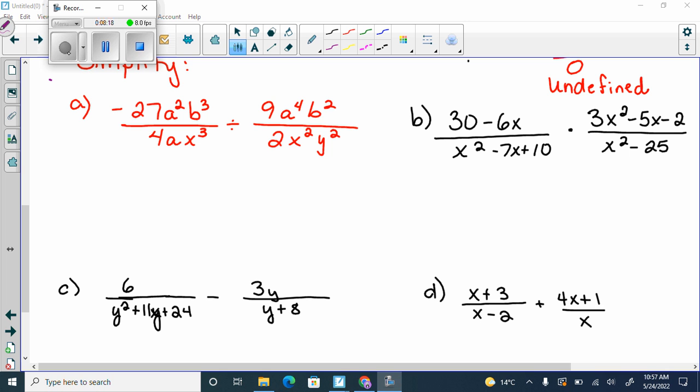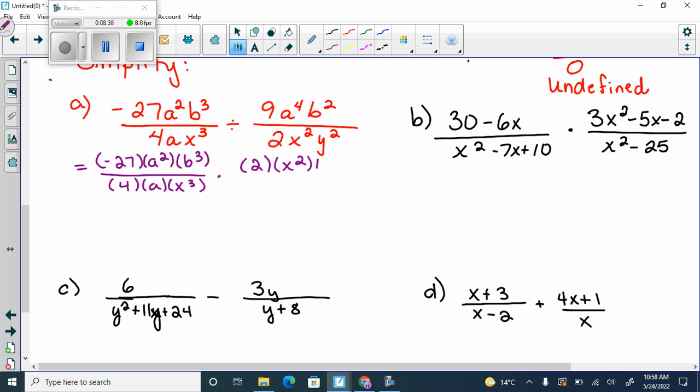Now what I told you when you have monomials is you could actually put every single term in its own brackets if you wanted to. You could go negative 27 a squared b cubed, because they're all multiplied, over 4 a x cubed, times 2x squared y squared, over 9 a 4 b squared.